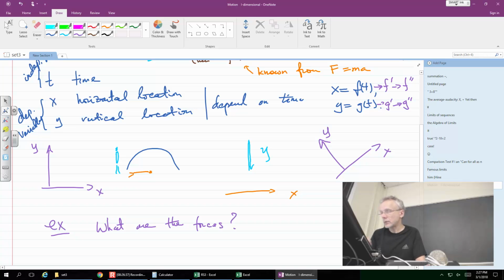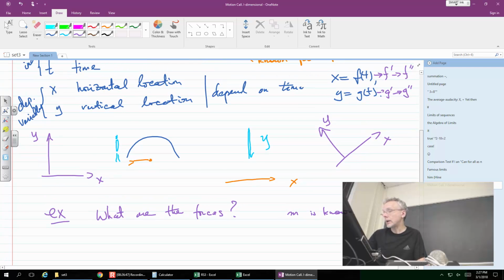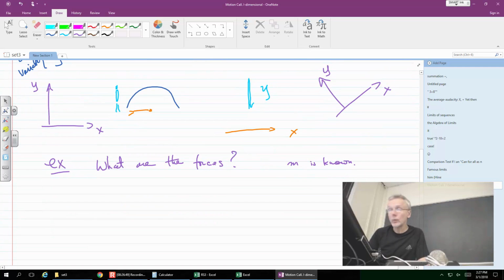Once again, the vertical and horizontal. So suppose m is known, so that way we can proceed from this to acceleration right away. But we need to know the forces. So what are the forces affecting an object, a cannonball flying through the air?